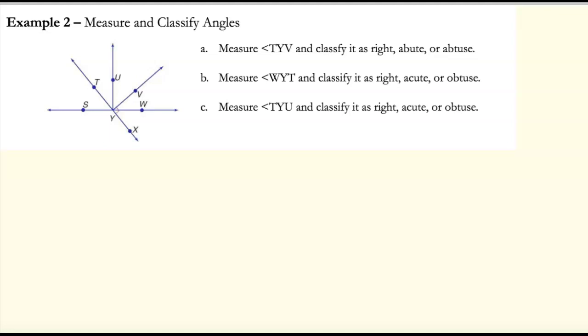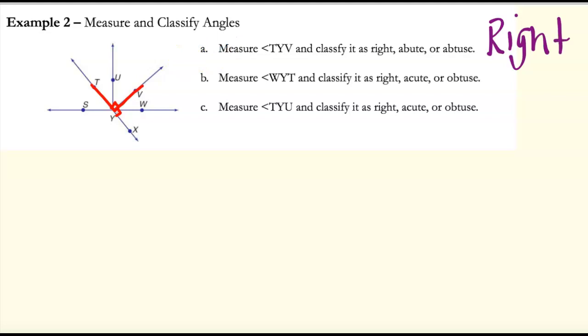Alright, so the next examples are just going to go through classifying. So we'll start with practicing labeling them. So here we'd have TYV, sorry. And you'll notice right here that there is a right angle, which means that this also is a right angle symbol. So this one is going to be right.